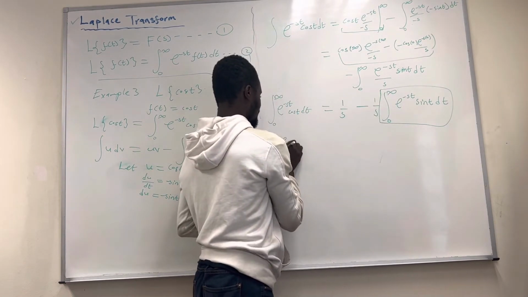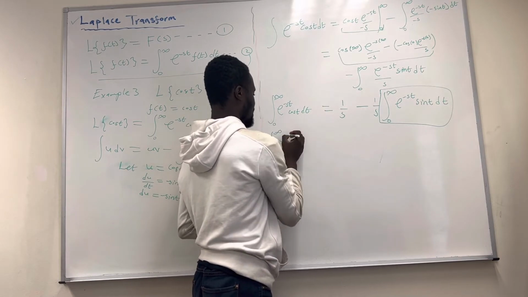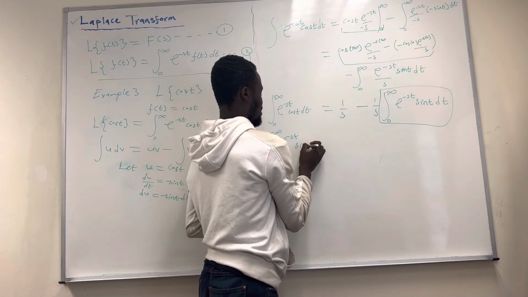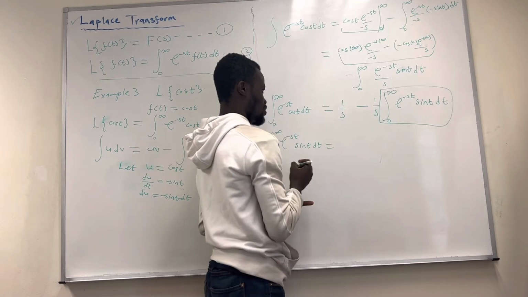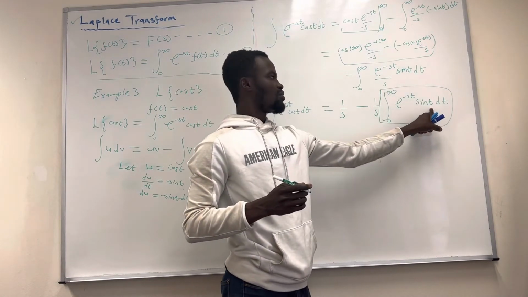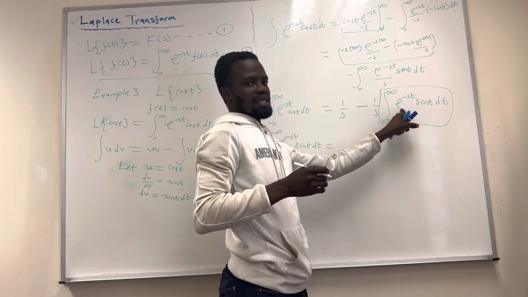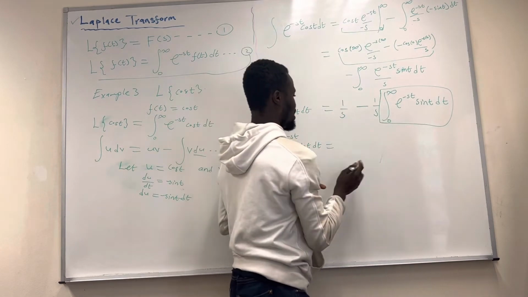So here, integral from 0 to infinity e to the negative st times sine t dt is equal to, let's call this one our u and call this one our dv is equal to integral of this.